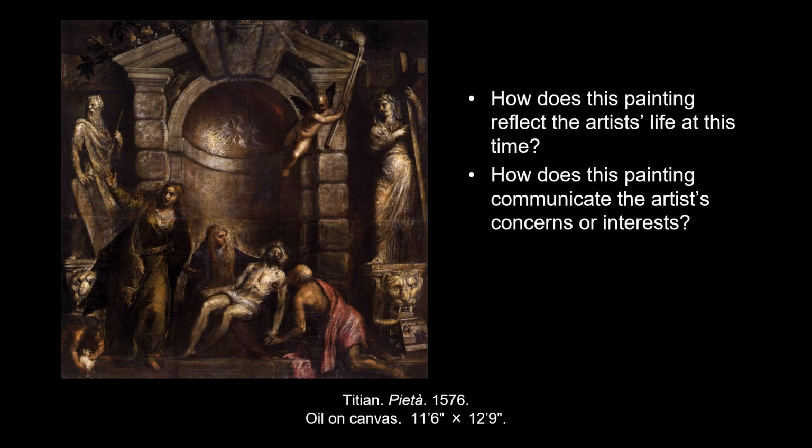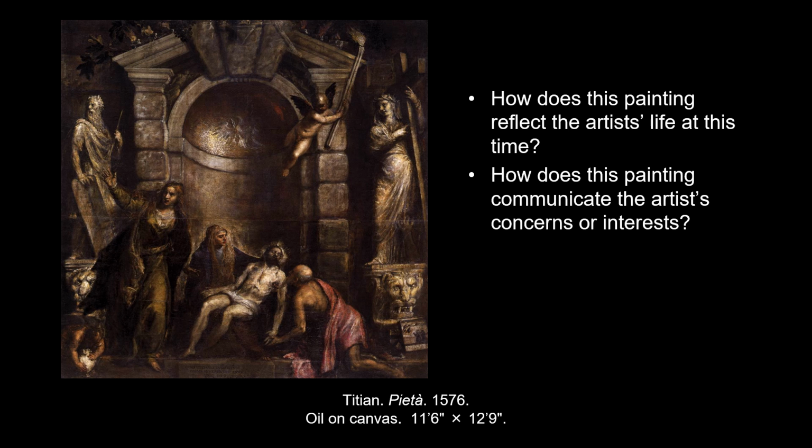So, imagine you're writing a paper on Titian's Pietà. Using the expressive method of evaluation, you focus entirely on the person who made it. Titian. Who was Titian? What kind of a person was he? What was he interested in? How does this work of art express Titian as an artist?